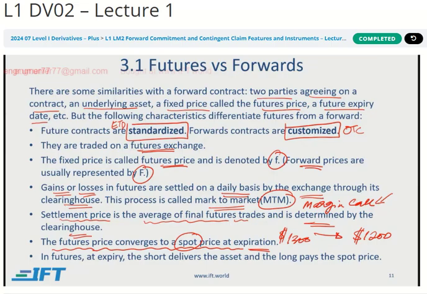And this is because obviously the contract is expiring and the physical has to be delivered. So it will come exactly close to the spot, and then eventually it will be a spot transaction when the delivery is made and the payment is done, right? So that brings me to the last line here, that at expiry, the futures contract, the short delivers the asset and the long pays the spot price.